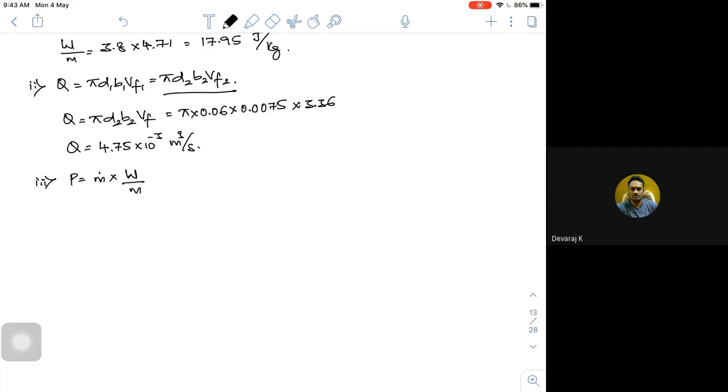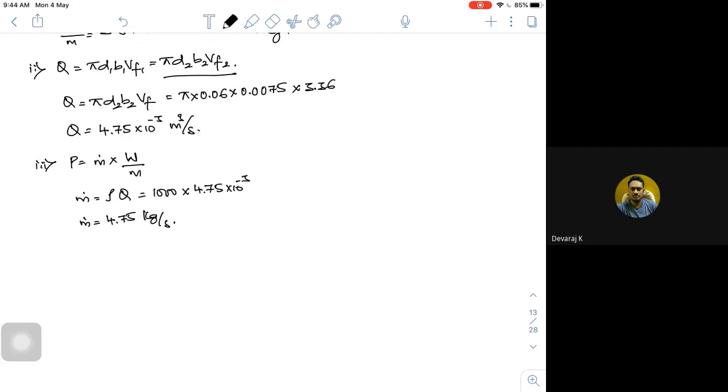So mass flow rate is equal to your density into discharge. What is the density for water? It is 1000 into 4.75 into 10 to the power of minus 3, so I am getting my mass flow rate as 4.75 kg per second.